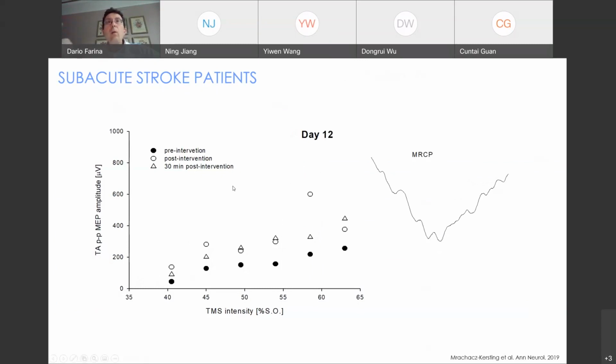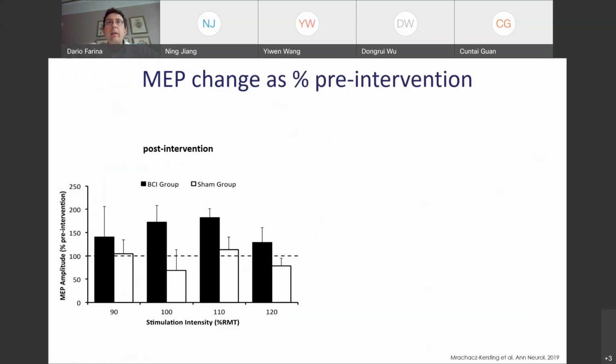before and after. When we look at the statistical results, the BCI group, so the group of subacute stroke patients who received the exact timing in the 12 sessions, had a very clear increase in cortical excitability as evaluated again with the MEP amplitude.